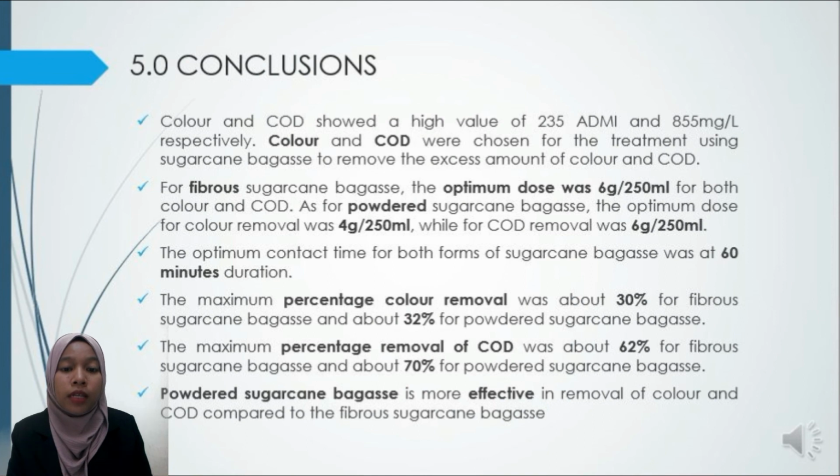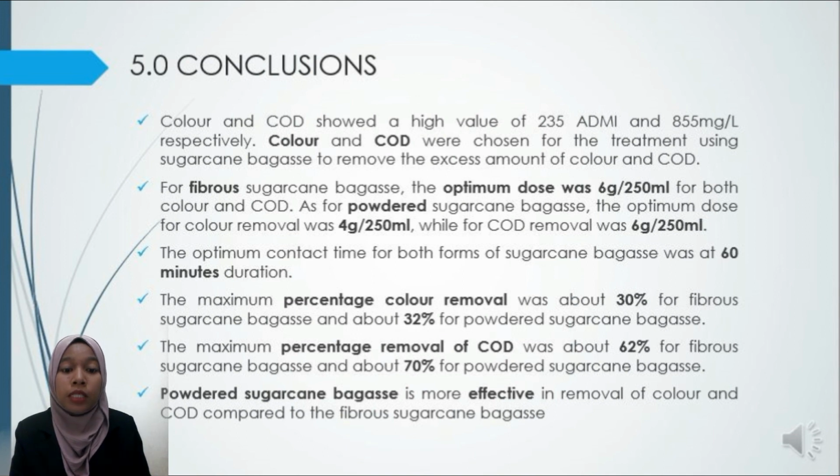It can be observed that for the color and COD removal, the percentage of removal increased with the increment of the adsorbent dose. So the optimum contact time for both forms of sugarcane bagasse was at 60 minutes duration. The maximum percentage removal was about 30% for fibrous sugarcane bagasse and 32% for powdered sugarcane bagasse.